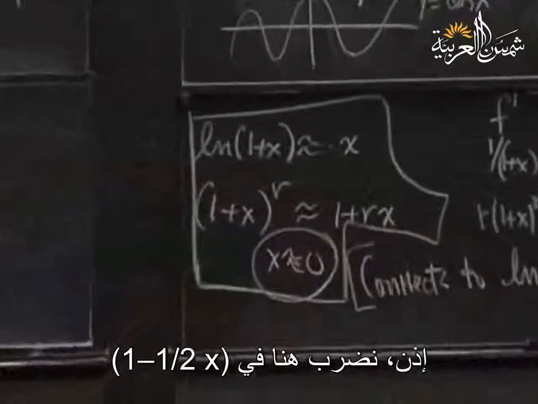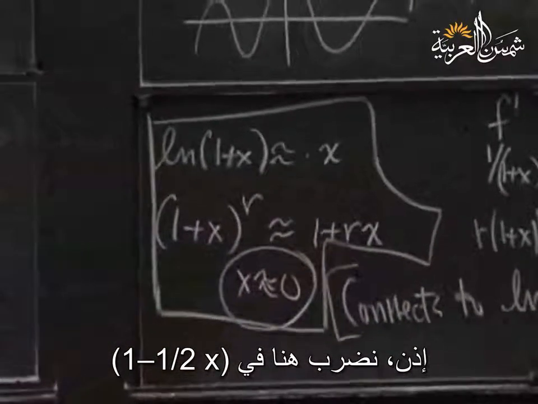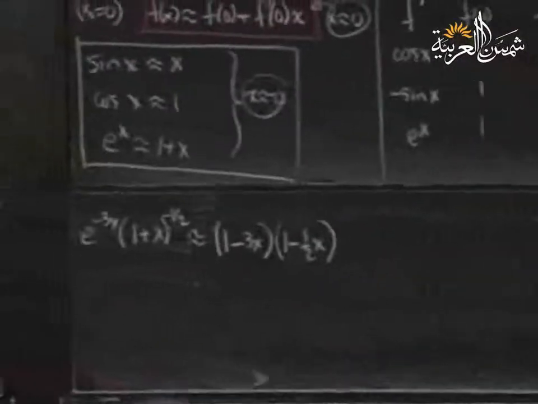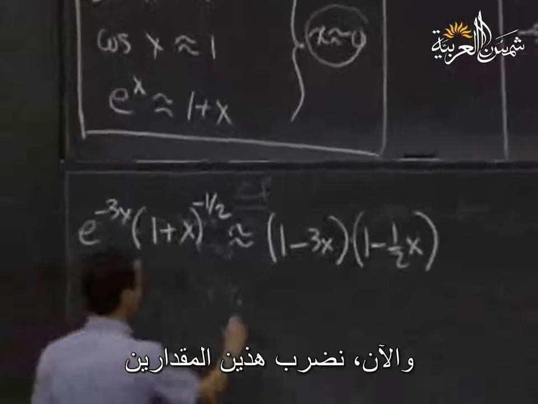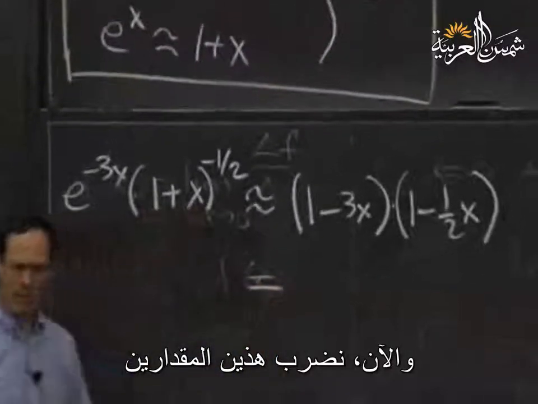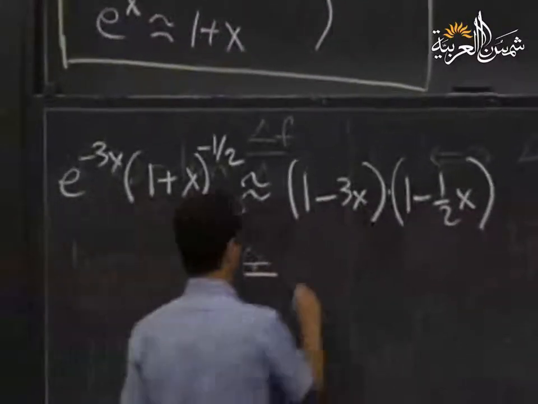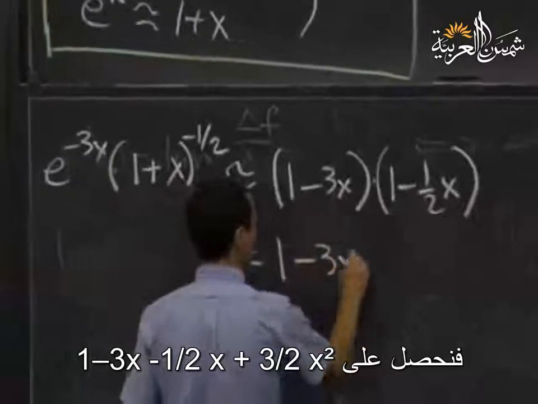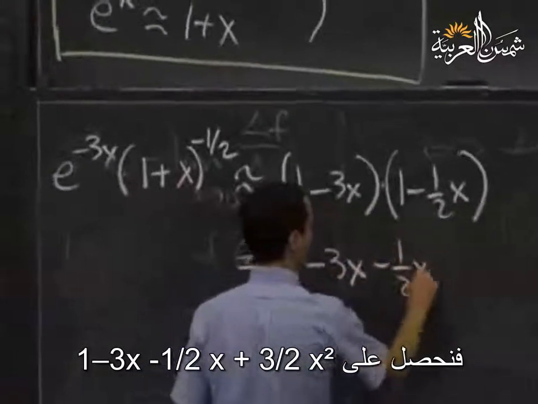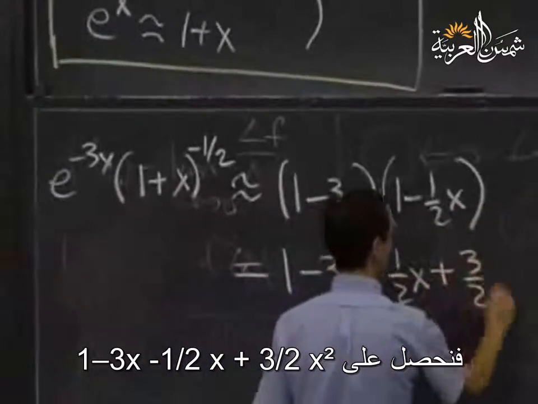So this is times 1 minus a half x. All right? And now, I'm going to carry out the multiplication. So this is 1 minus 3x minus a half x plus 3 halves x squared.